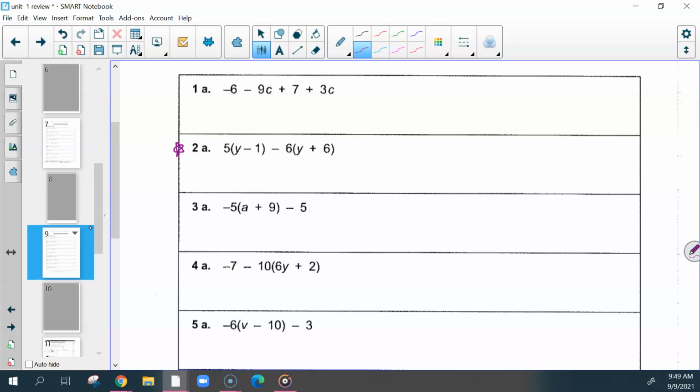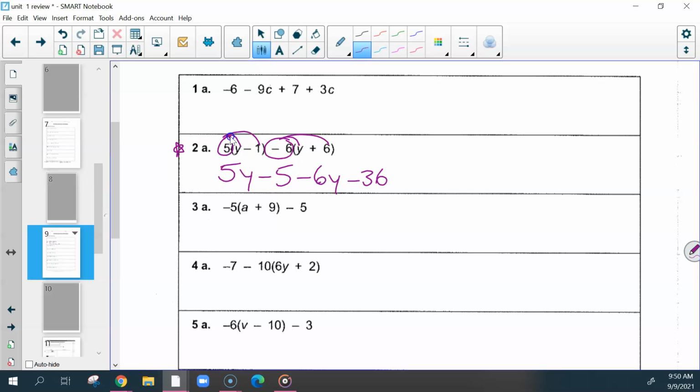For number 2, how would I start this? Distribute it. I'm gonna do it at the same time. 5 to everything there. Negative 6 to everything here. Then what? How would I simplify this further?